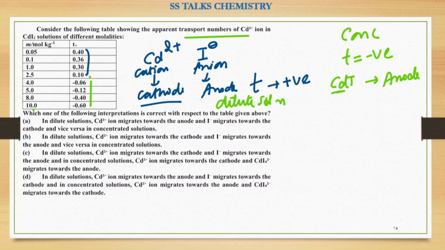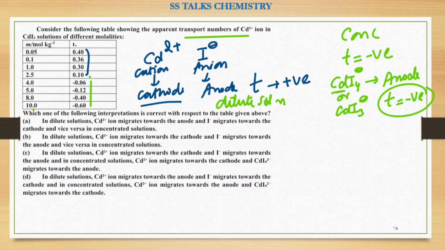This is what happens in the concentrated solutions. It forms ions like CdI4 2- or CdI3-. That is why it goes towards the anodic end, and the transport number you are getting is a negative value, because it is going towards the opposite electrode. So this is the whole scenario.